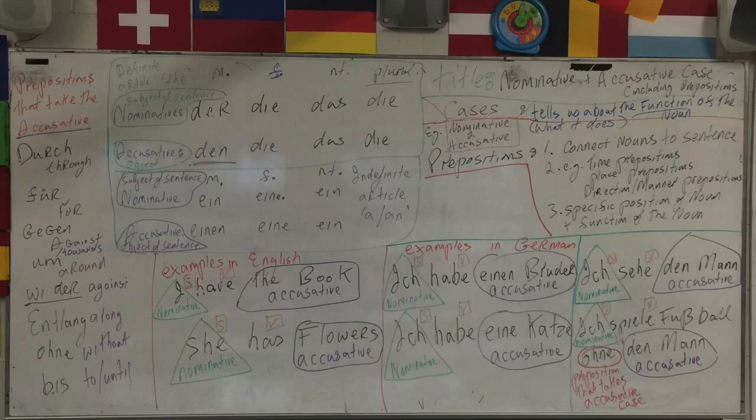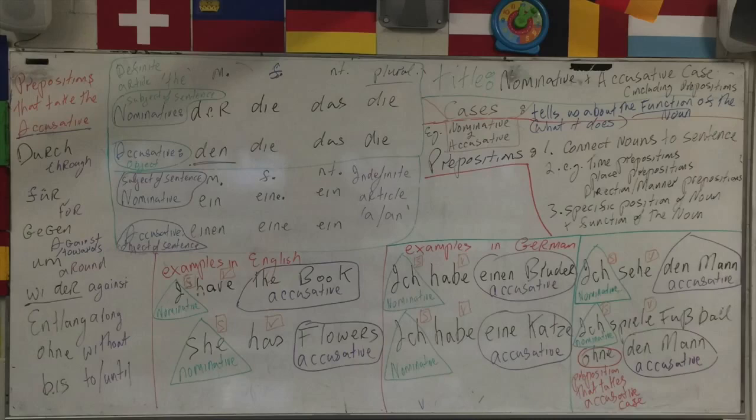The next part of knowing the accusative case is how to use prepositions. Now, prepositions are small words that connect nouns to sentences to make logical clauses or statements. For example, they could be time prepositions, place prepositions, manner prepositions, anything that specifies the position of the noun and the function of the noun. So, if you go over to the corner of the screen, I'll just call out in a rhyming fashion for ease of memory, and I'll explain what they mean.